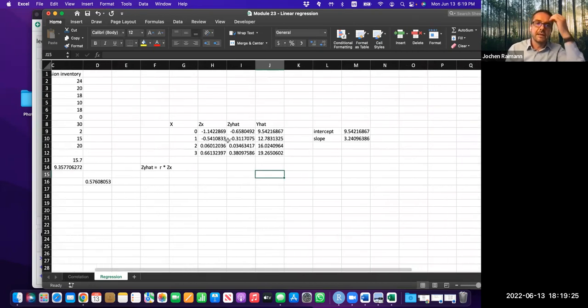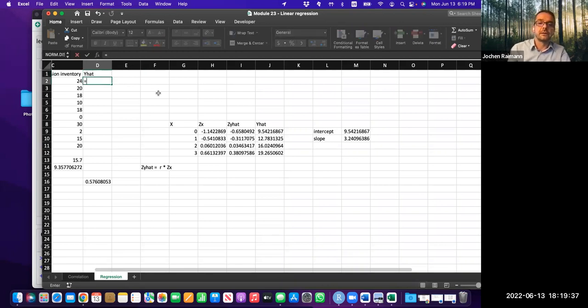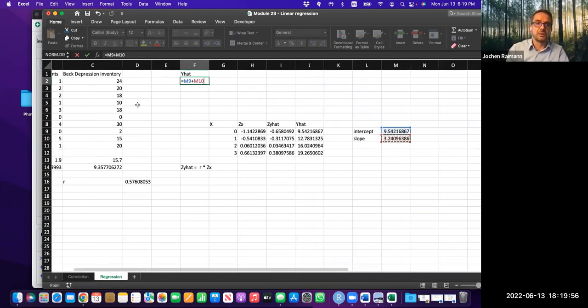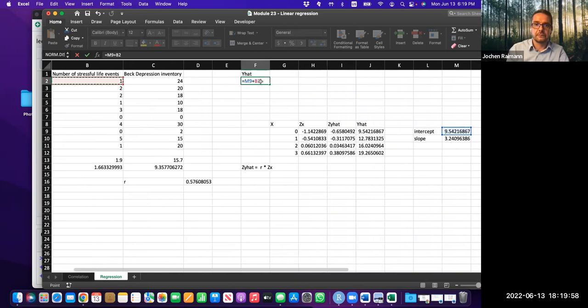With this model, you can now calculate a y hat for the entire data set. The y hat is the intercept plus the slope multiplied by x.